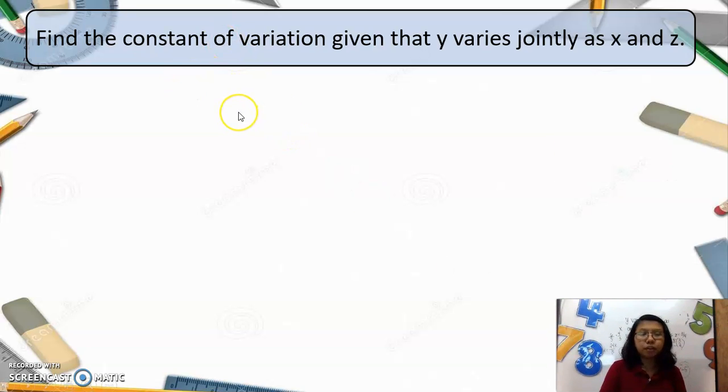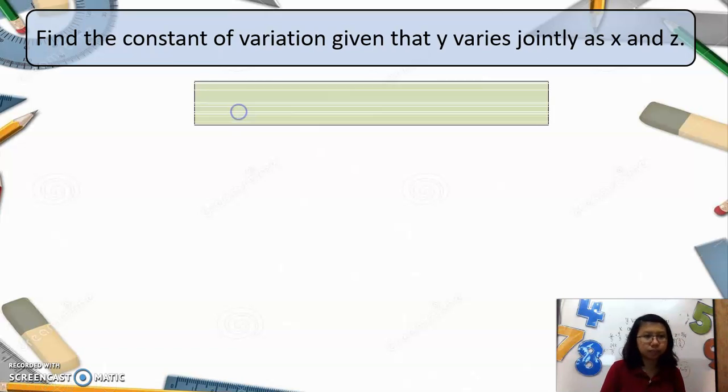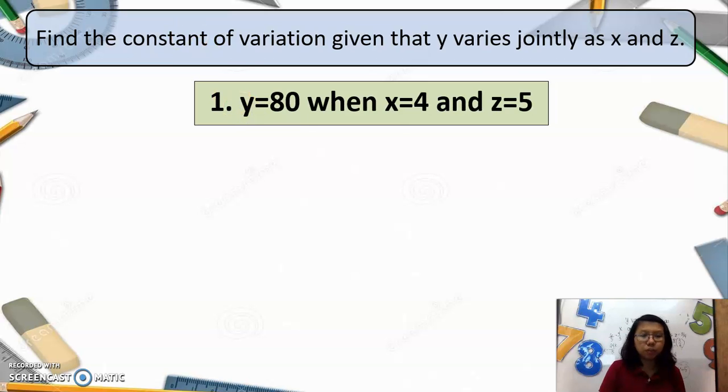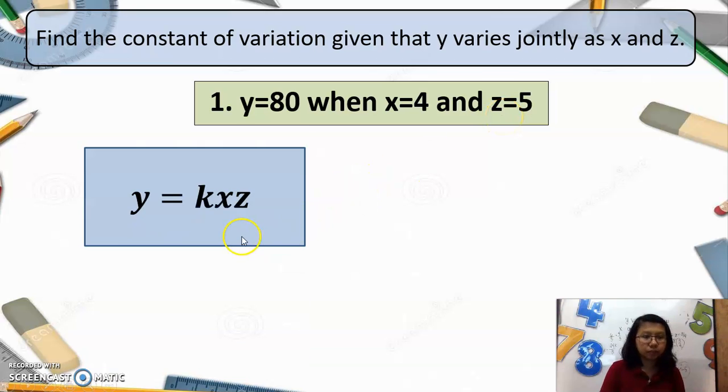Number 1, find the constant of variation given that y varies jointly as x and z. So y equals 80 when x equals 4 and then z equals 5. Let's determine the value of the constant of variation, or letter k. The equation will be y equals k times x times z.